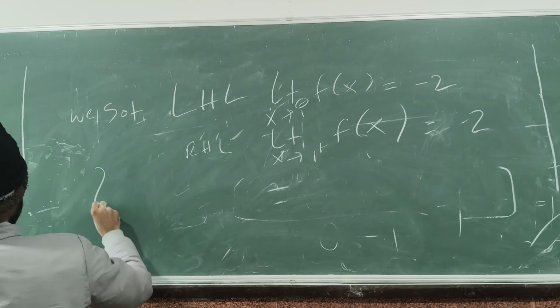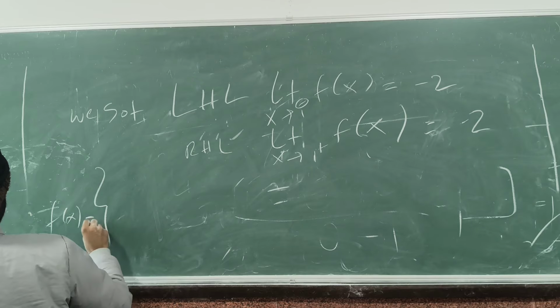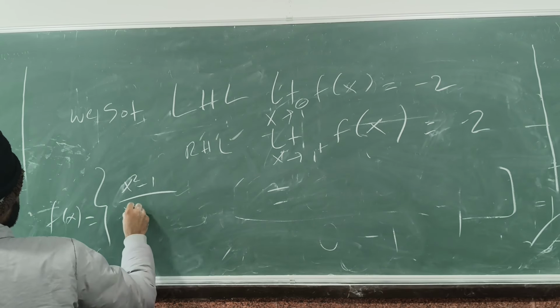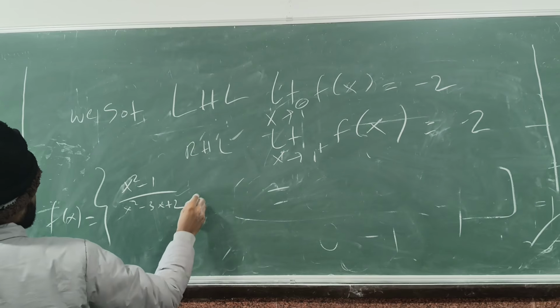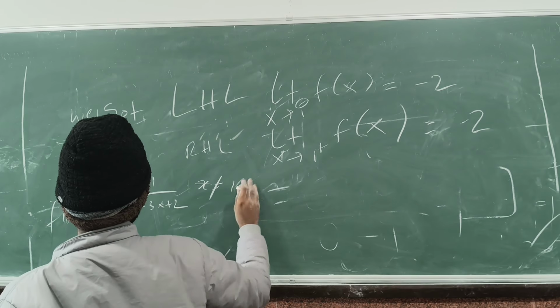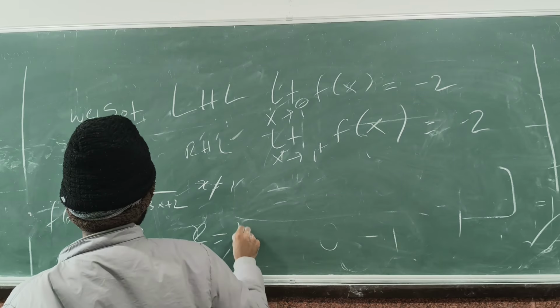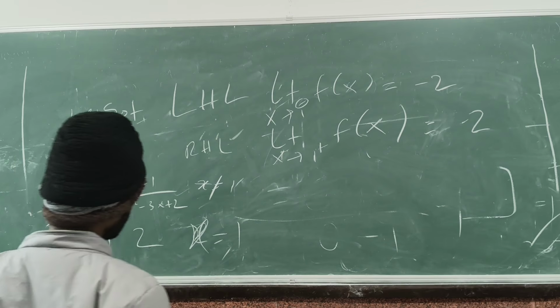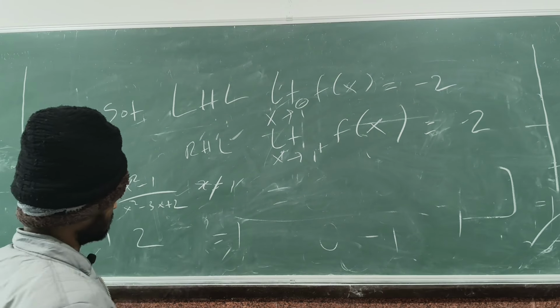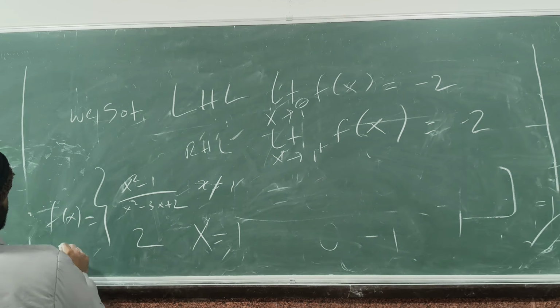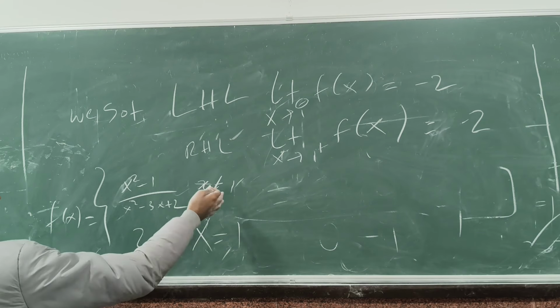But before, we wrote f of x equals x square minus 1 by x square minus 3x plus 2 for x not equal to 1, and it is 2 when x equals 1. Here, if you observe carefully, we got limits minus 2 and minus 2 as x tends to 1 minus and 1 plus.